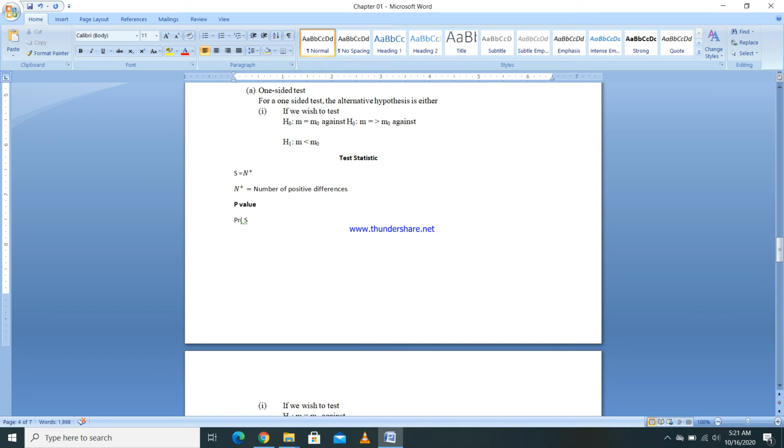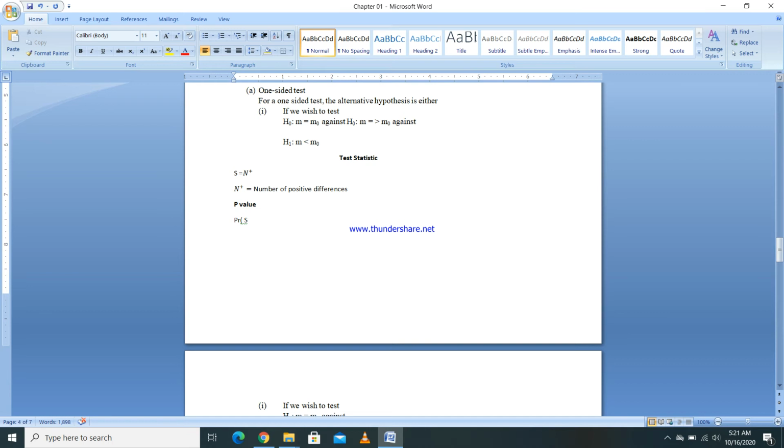and if you want to calculate the probability where your test statistic is greater than this median value, there you have the same chance, because m naught is the population median, the testing value for the population median.